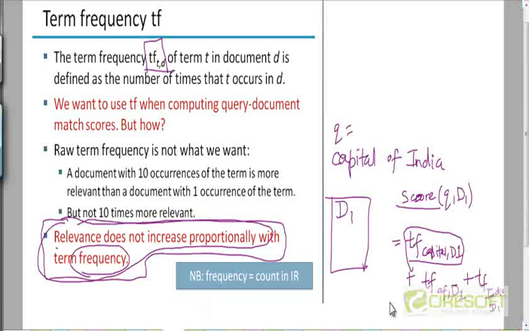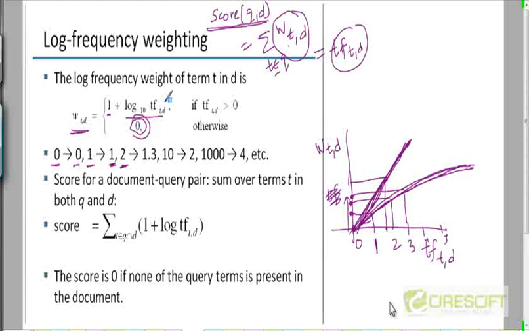So compare that to a scenario where you have two documents, one of which does not have the term and the other of which has the term appearing once. Okay, the difference between the scores in these two cases is going to be large compared to the difference between the scores of two documents, one of which has the term 100 times and the other which has the term 101 times. And this is a function which actually behaves well.